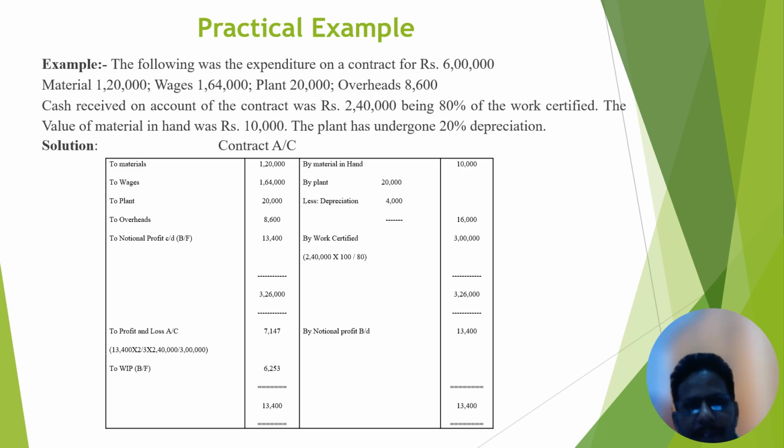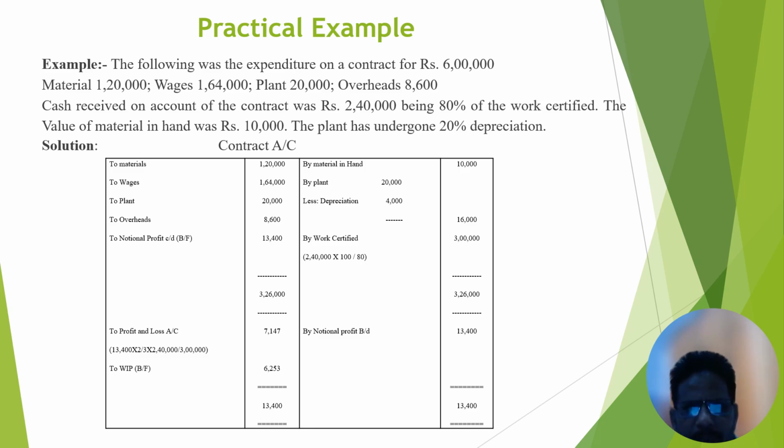For this contract, we have expenses: material expenses 1,20,000, wages expenses 1,64,000, then plant 20,000, overhead expenses 8,600. Now after that, the cash received on the contract was 2,40,000. It is 80% of work certified.